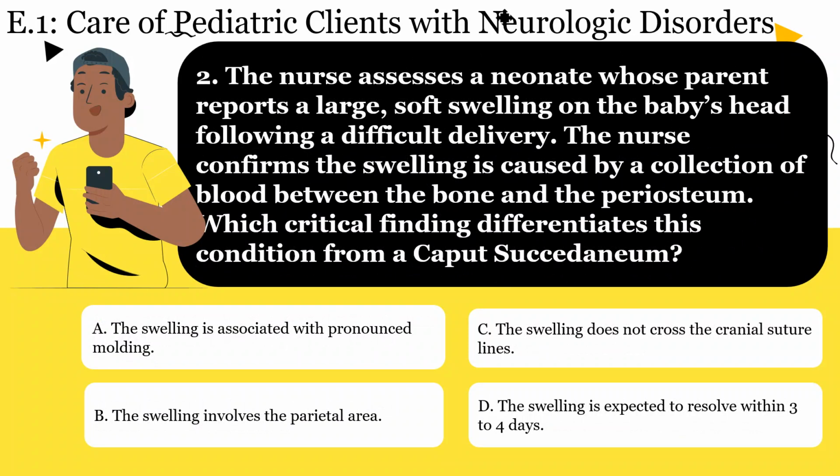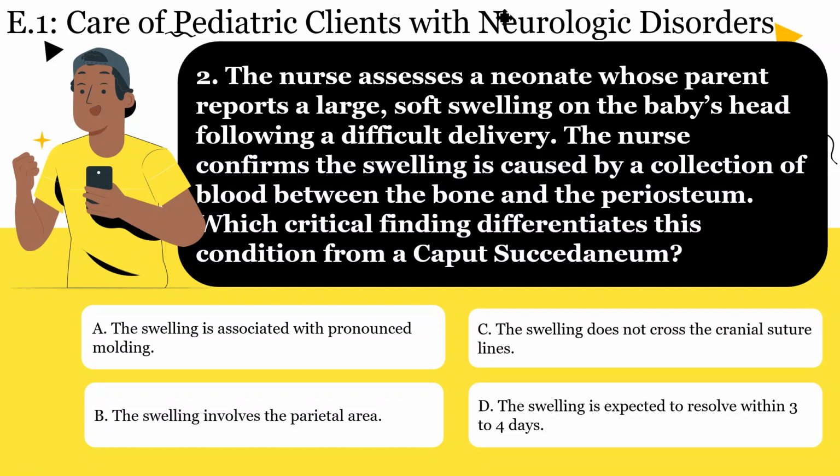Of course, when we talk about caput succedaneum, it is distinguished from cephalhematoma. Swelling caused by a collection of blood between the bone and the periosteum resulting from a secondary trauma, such as a difficult delivery, is a condition called cephalhematoma.